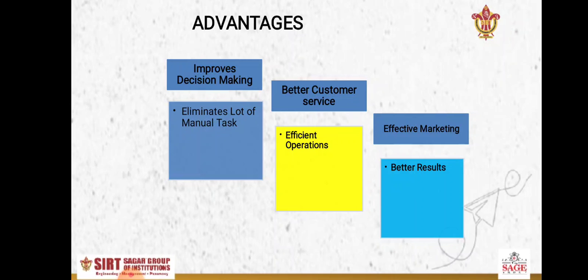For example, if I am producing a particular product, say a pen drive, and I know that my customer is in need of that pen drive, I will focus all my concentration on that production and the marketing of the pen drive. So it will ultimately help me for effective marketing. Why? Because customers are currently in need of that product, and that product I am providing them. So it will ultimately help me for marketing also.